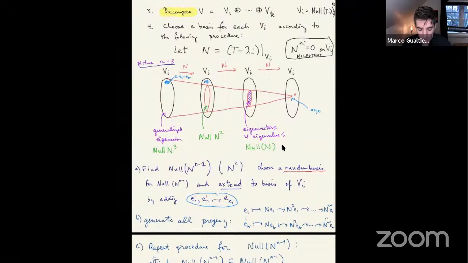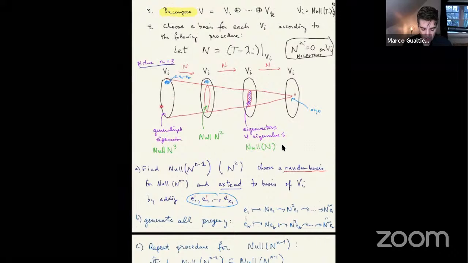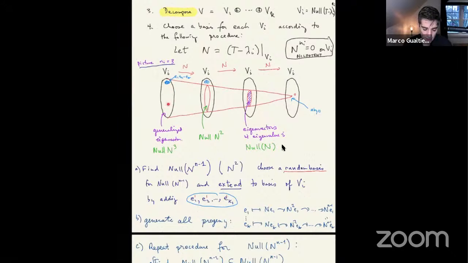Like, for example, the way that I chose it was that I said, okay, I want to choose a basis, and I want to start by choosing some elements which are not killed in 2 steps. So what I do is I figure out a basis. I just choose some random basis for this smaller set of undesirables or young.